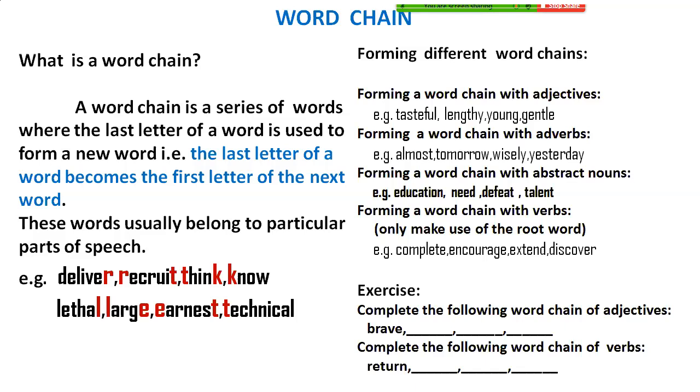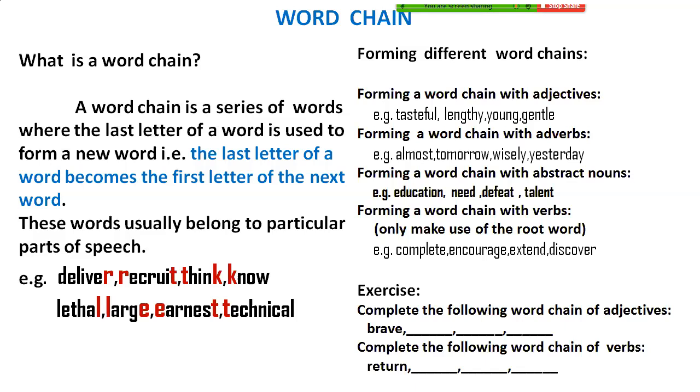Let's try another example. Let's take the word lethal. Lethal ends with the letter L. Using this letter L, we form another word, the starting of which begins with L, and that is large. Now, large ends with the letter E. Using E, we form the next word, that is earnest.